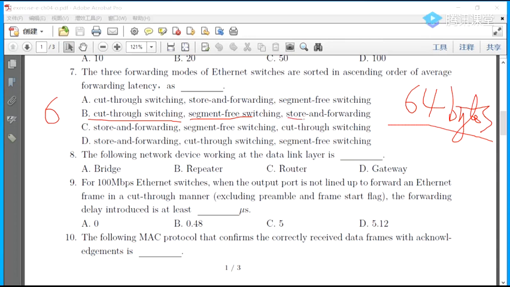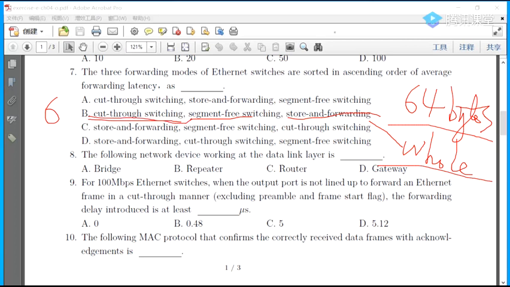Store and forward means after receiving the whole frame, the switch begins to forward. So they are different.